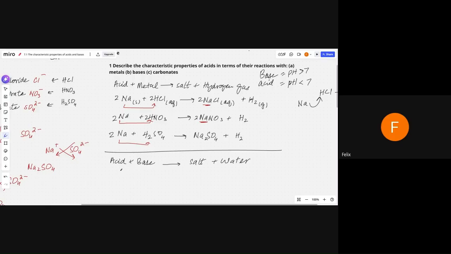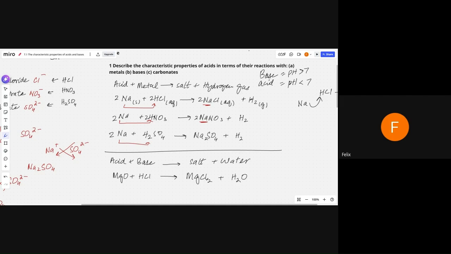So let me write down some examples. For example, magnesium oxide, that is a base, reacts with an acid, for example, HCl. So what will be the product produced? Salt and water, right? So magnesium chloride, MgCl2 plus H2O, right?